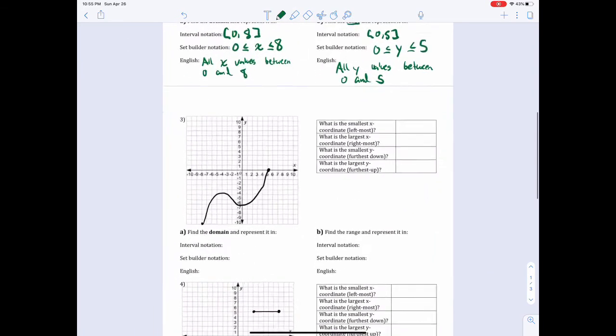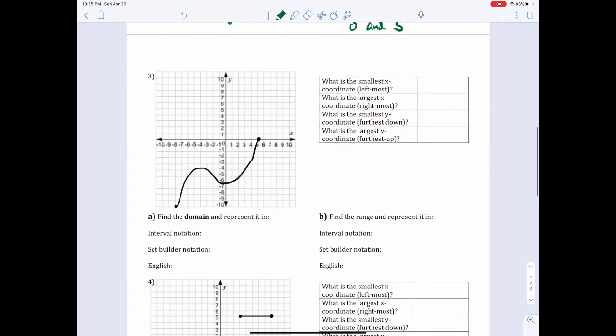All right, number 3. So again, all we're doing is doing set builder notation in English today. A couple tricky ones here. Smallest x-coordinate here, if you pause the video before I reveal the answer, is -8. And the largest x-coordinate, the rightmost, is 5. Smallest down is -10. Furthest up is 0.